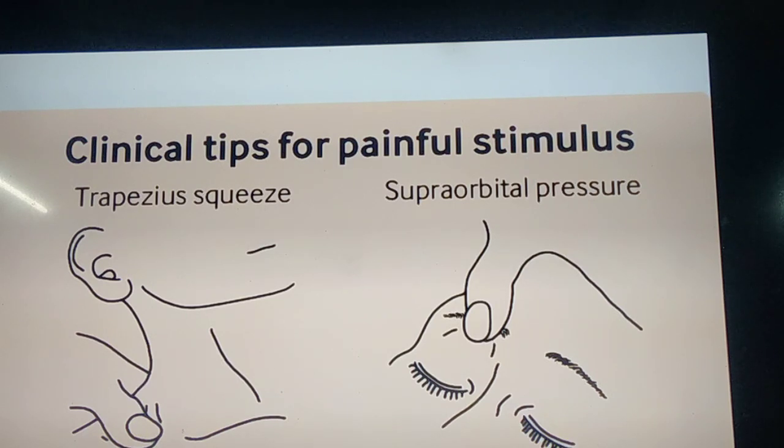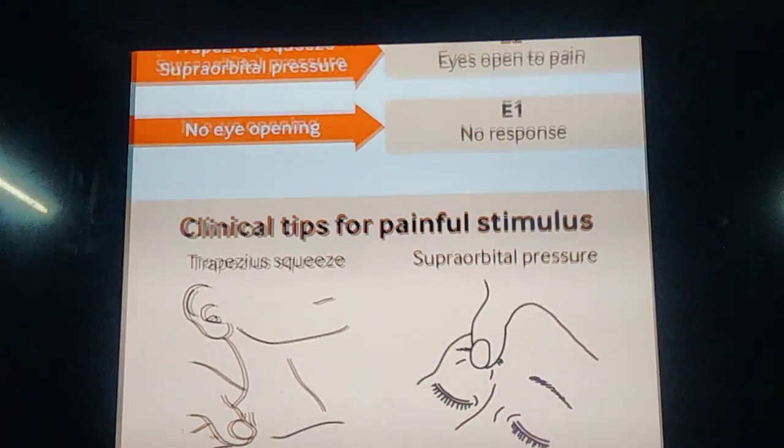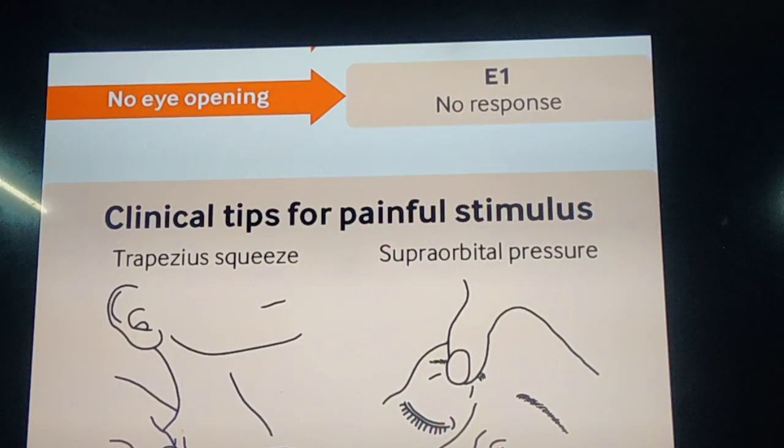That means there is no response from the patient, none, even to the painful stimulus. Then we are going to give the score 1, E1. The minimum score is 1, E1. Fine.